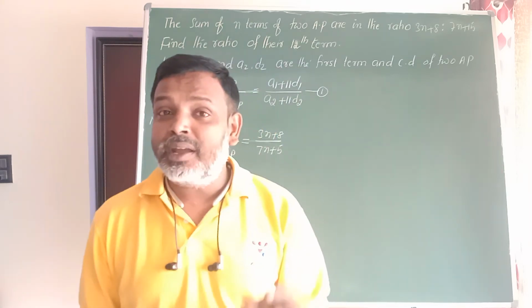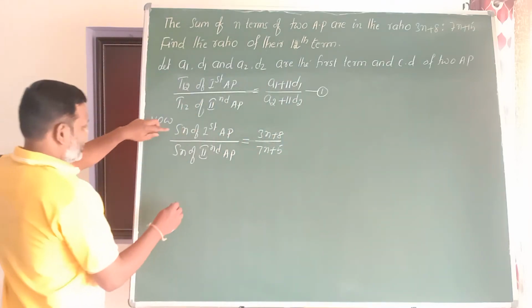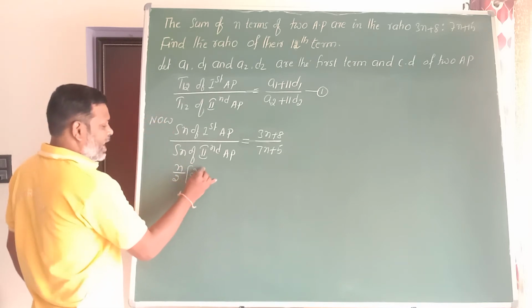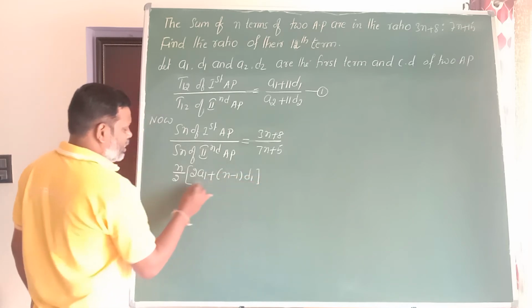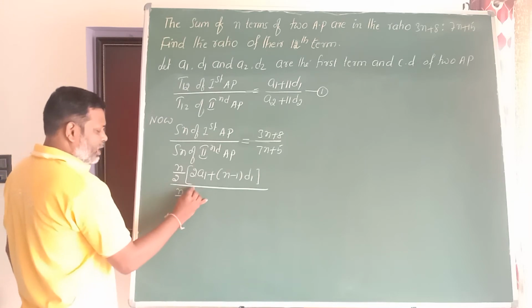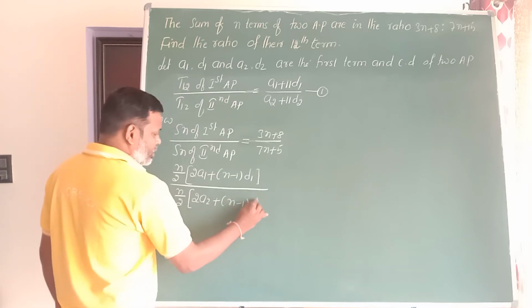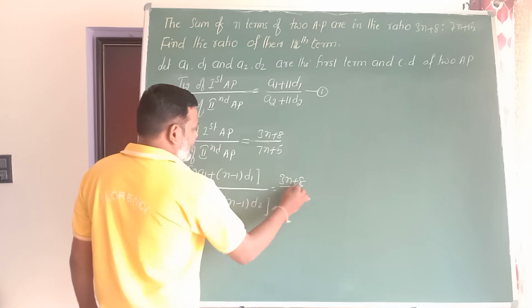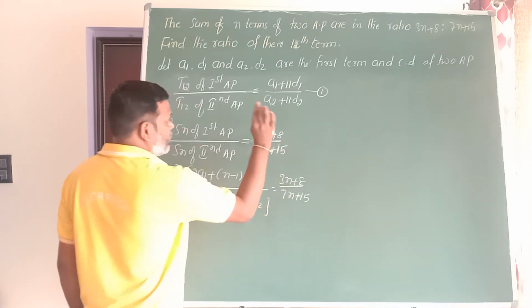For the second AP, we change a to a2 and d to d2. Applying this Sn, we get n/2 into (2a1 plus (n minus 1) d1) divided by n/2 into (2a2 plus (n minus 1) d2), which is equal to (3n plus 8) divided by (7n plus 15). Sorry, this is 15.